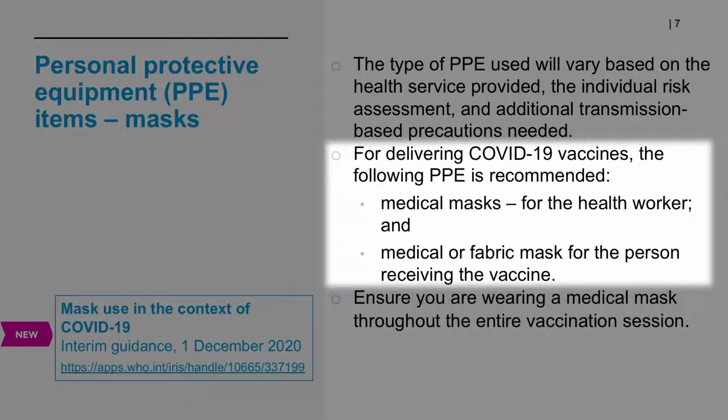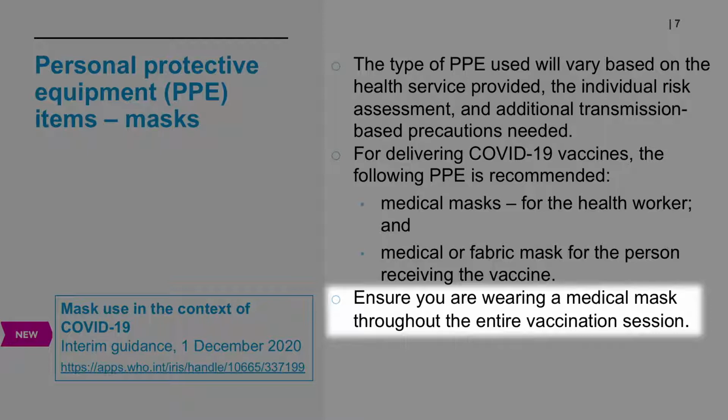Keeping in mind, hand hygiene must be done before putting on or touching the mask, and people must avoid touching their mask when it is on their face. Masks and hand hygiene should be readily available for vaccinators and people coming in to get vaccinated. Masks should also be worn throughout the vaccination session, but should be discarded after use.